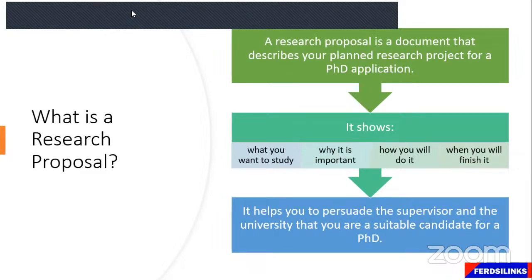So we'll bring different examples from different sources and from different fields. So that is the approach that we intend to take in this series of webinars that we plan to have.